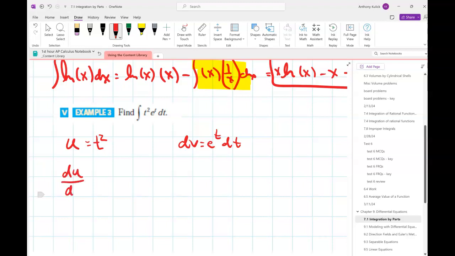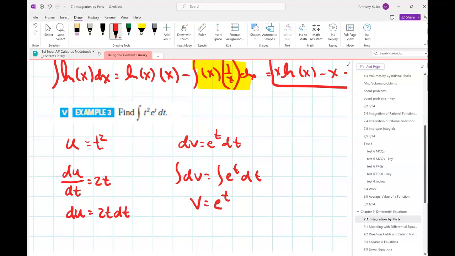So du dt is 2t. So du is 2t dt. The integral of dv and the integral of e to the t dt. The integral of dv is just v, and the integral of e to the t dt is e to the t.